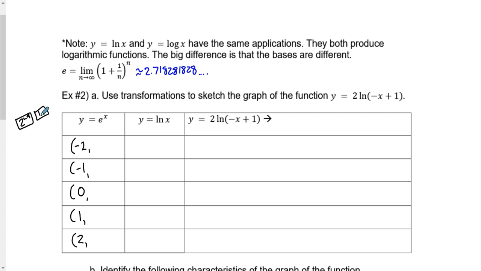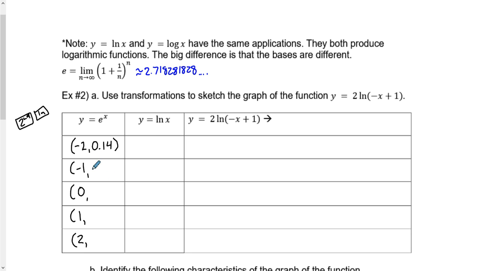Then you press your ln button, which is right below your log button. So it's 2 below your second. So second e to the power of, if I type in negative 2, I get, I'm just going to go 2 decimal places, 0.14. Now when I actually do my stuff, I'm going to use a full value, but it's about 0.14.